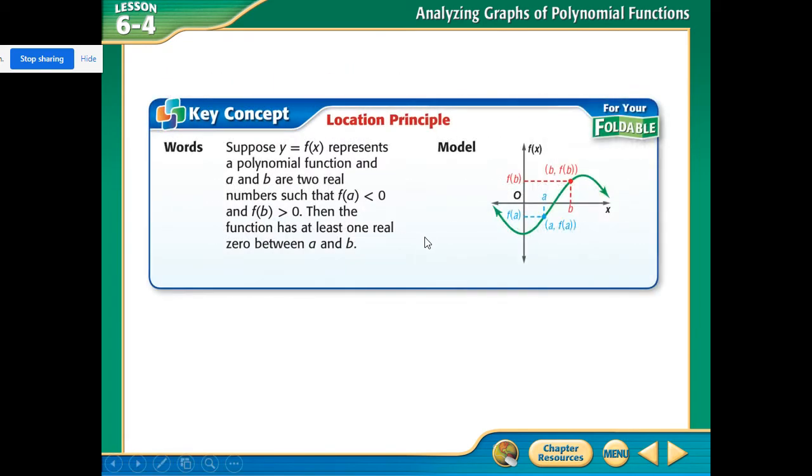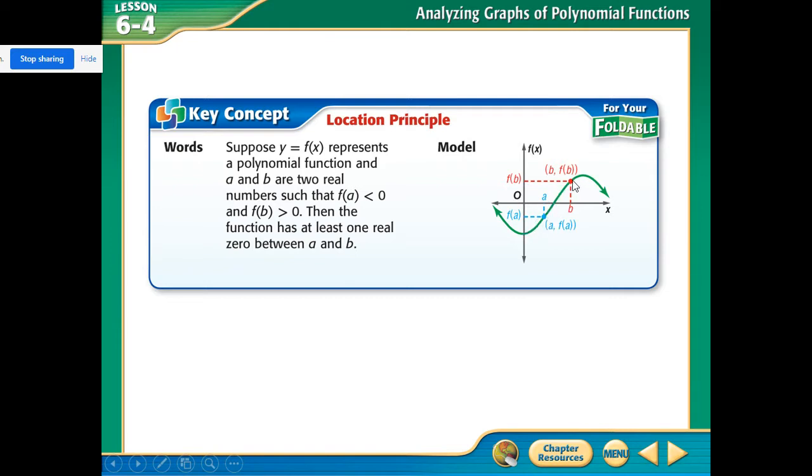All right, location principle. If we have two numbers, and what this means here, you can read this if you like, but if we have a number that's below the x-axis, a negative number, and we have a number that's above the x-axis, or a positive number, somewhere in between those two, we have to have a zero.